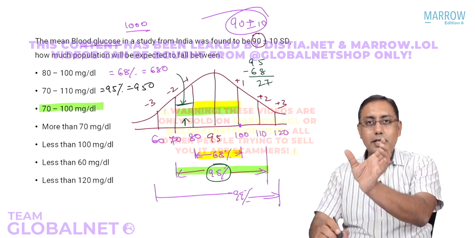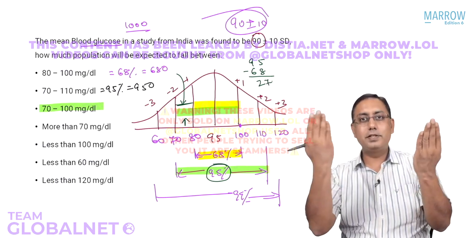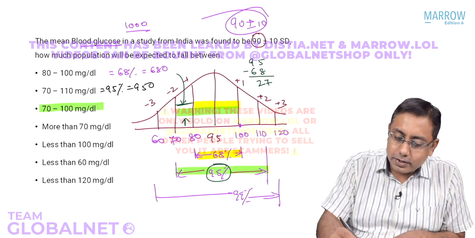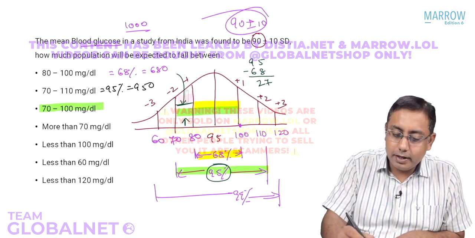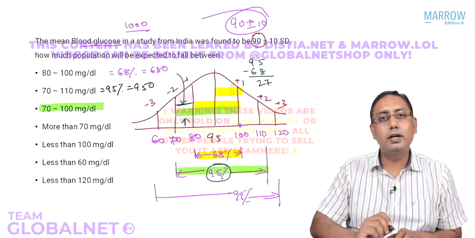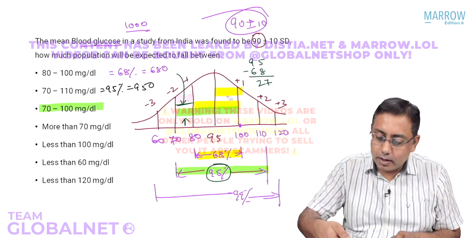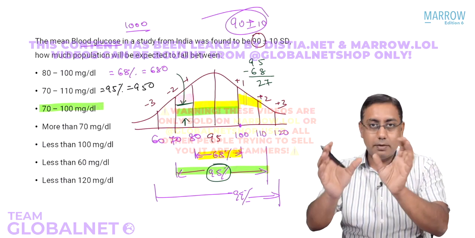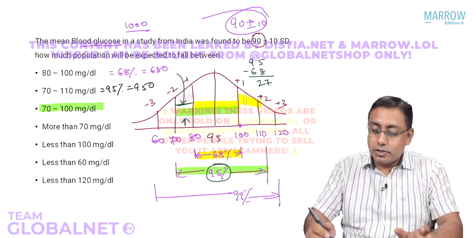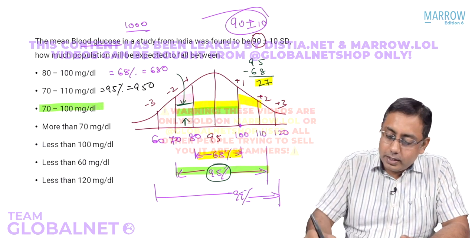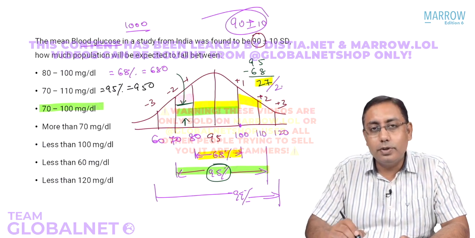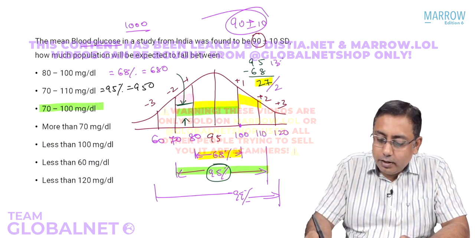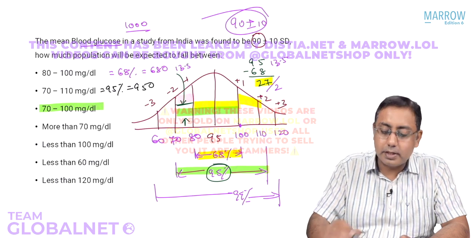Out of 27, half is on this side and half is on the other side, half on this pink shaded area and half on the yellow shaded area. Why? Because it's a bilaterally symmetrical curve. So you divide 27 by 2, that is half, which means 13.5% is what is there in this area.